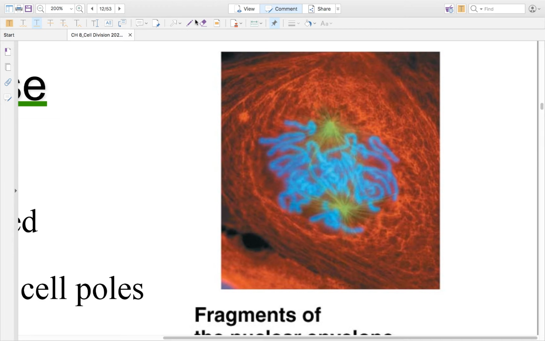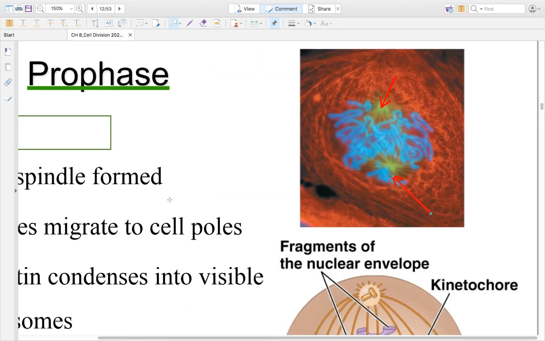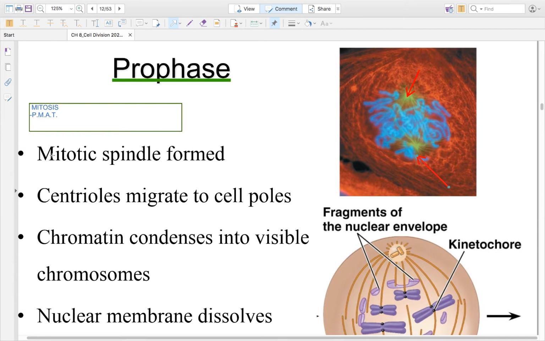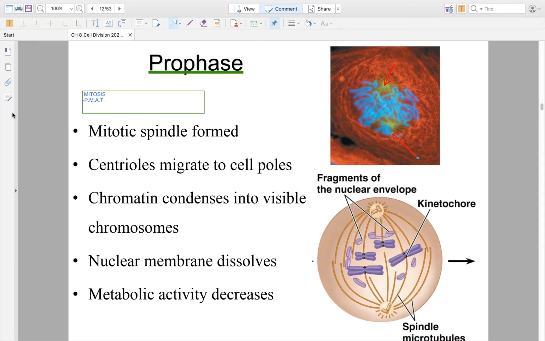And this is where the spindle is going to form on each side. So if we look at the parallels of the picture along with the diagram, let's take a look at what's going on here.